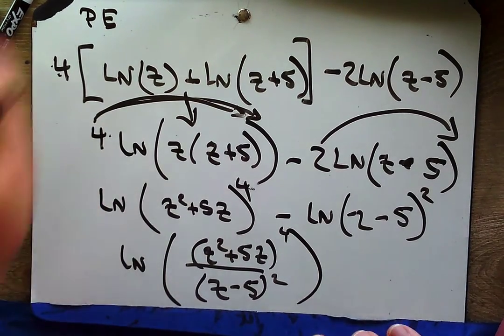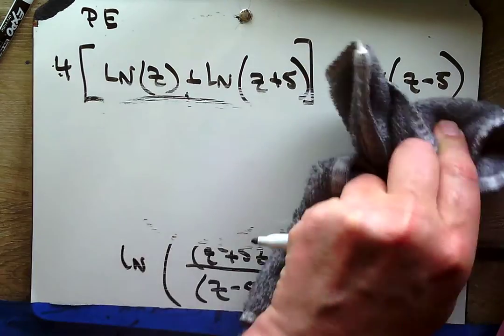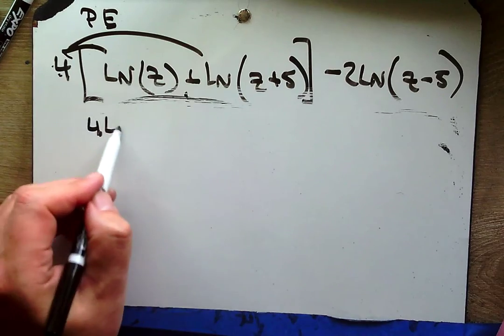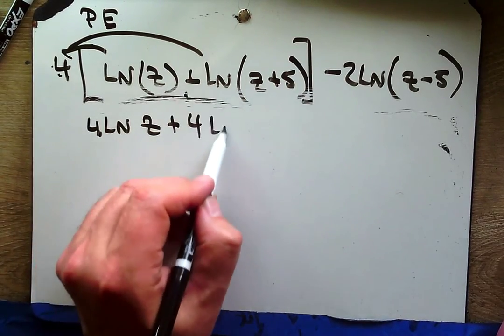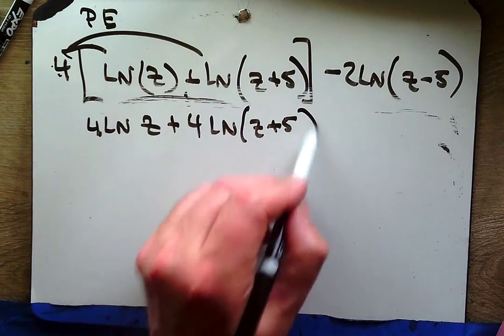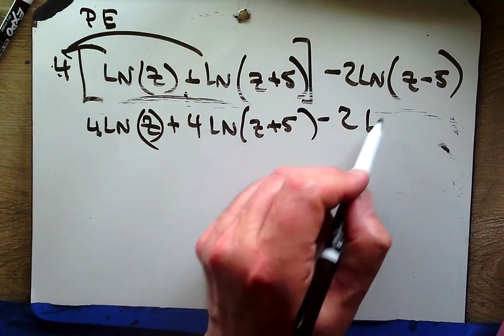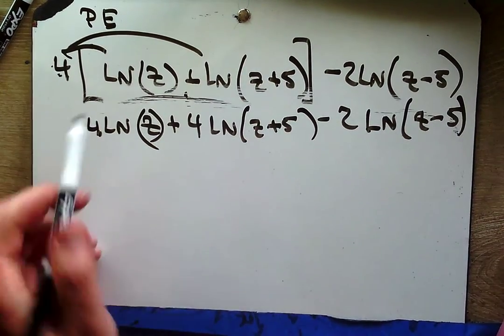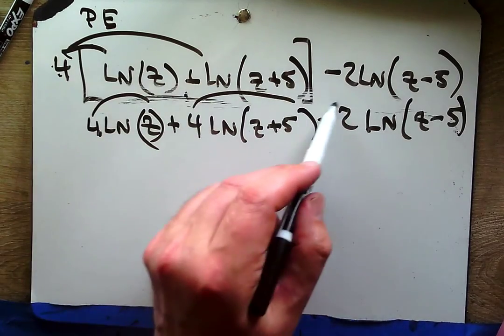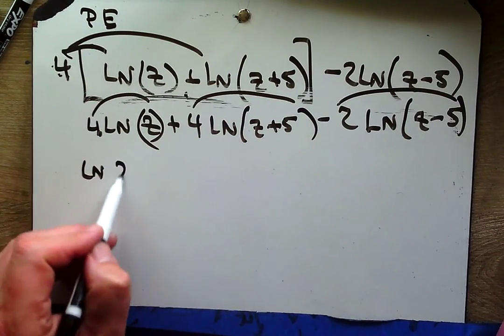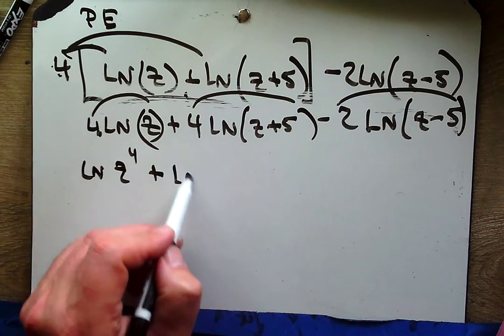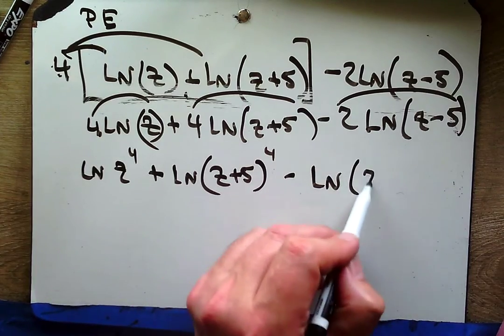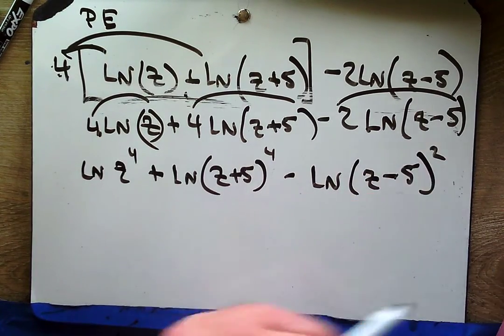Okay? I mean, I think we can do it the way you want to do it, which is distribute this 4: 4 ln z plus 4 ln z plus 5 minus 2 ln z minus 5, right? That's all that is. And then I can kick all of these up. I have ln of z to the 4th plus ln of (z plus 5) to the 4th minus ln of (z minus 5) squared.